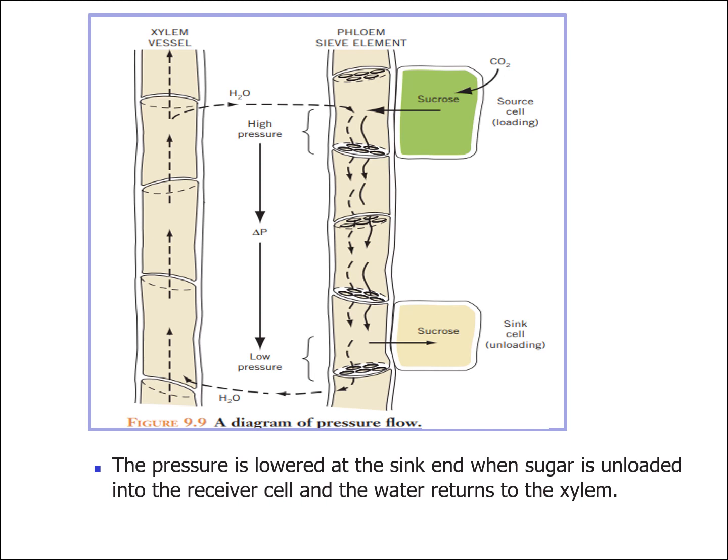Removal of sugar at the sink increases the water potential of the sieve tube element and causes water to flow out of the tube and return to the xylem.